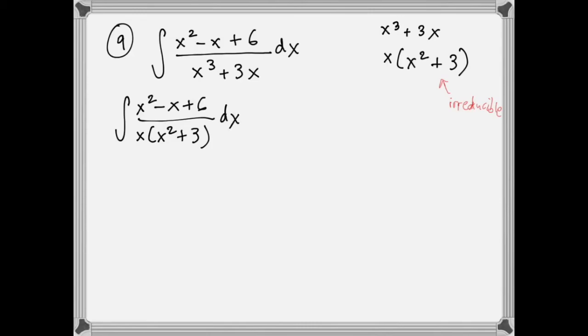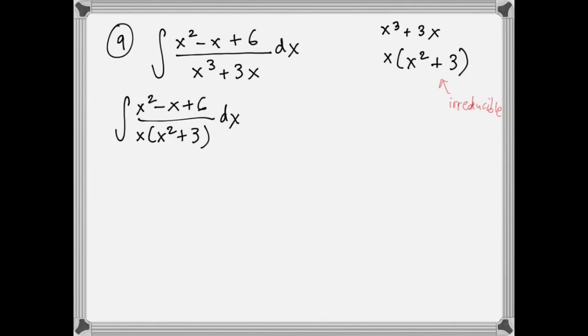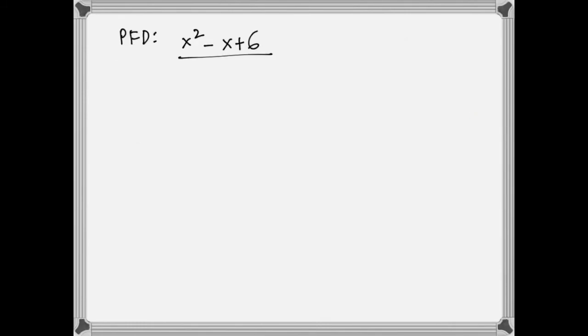Now we're going to use partial fraction decomposition to break this apart. We're going to do this on the next page here. So PFD, we have x squared minus x plus 6 over x times x squared plus 3.